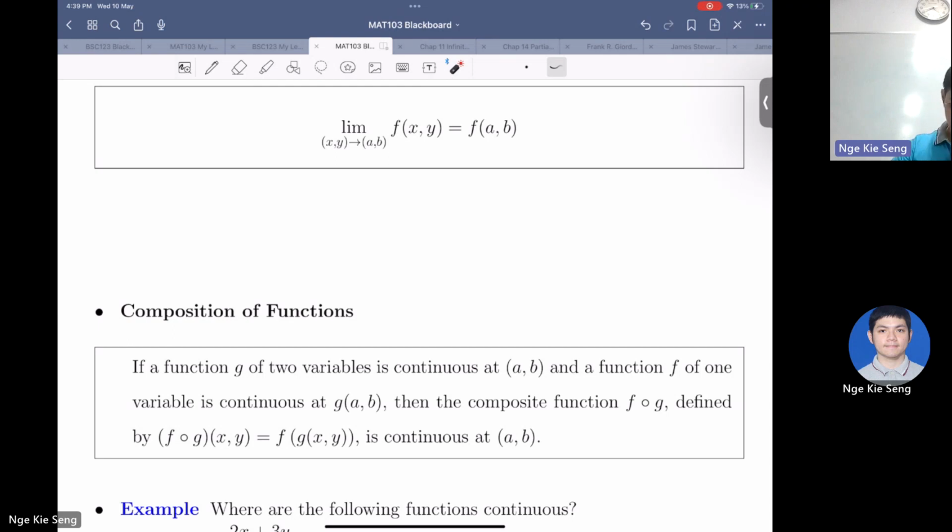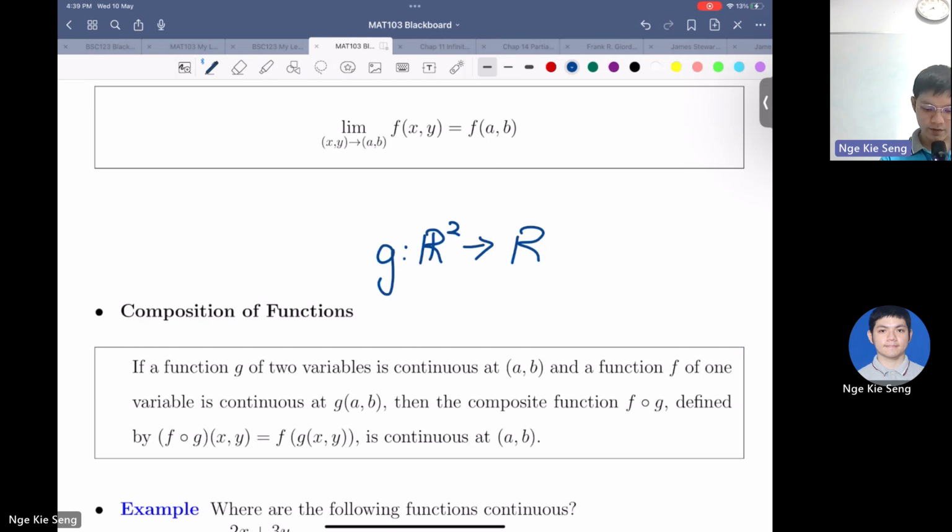So let's lay out what is happening here. g goes from R2 to R, and f is a function of one variable, because you want to compose g before f.